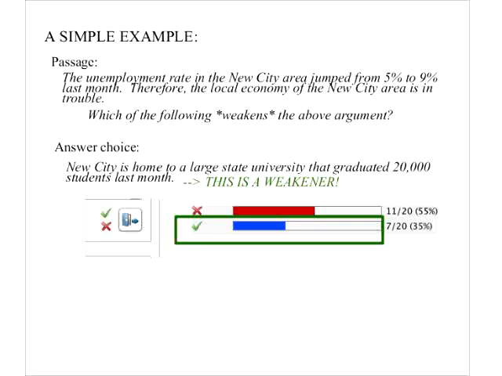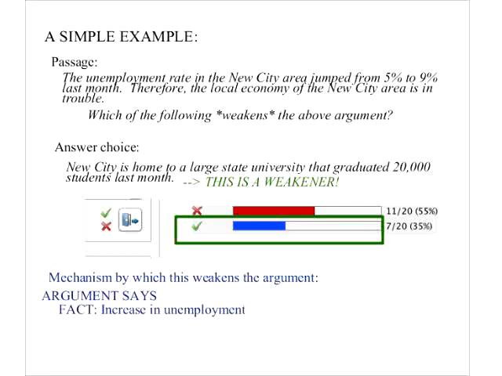The story is that here's the mechanism by which this choice weakens the argument. The argument says that there's a fact. The fact is that there's an increase in unemployment. We can't touch facts.